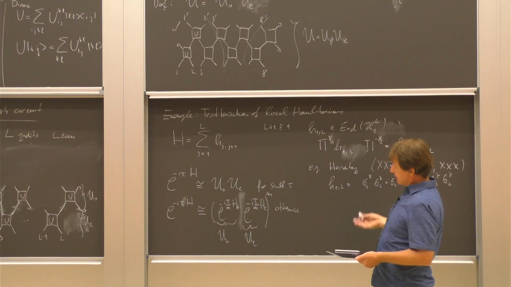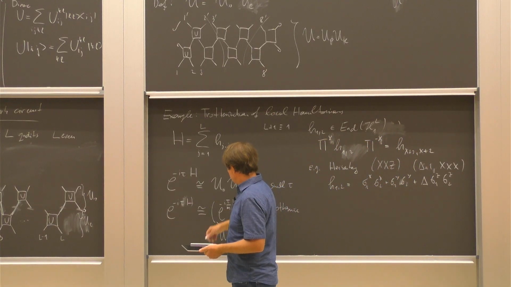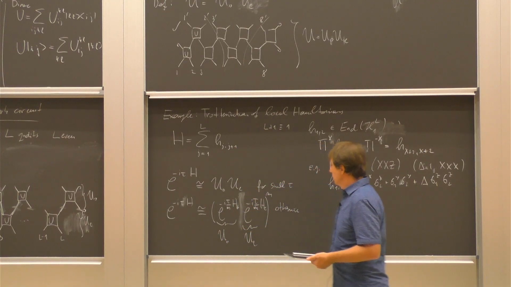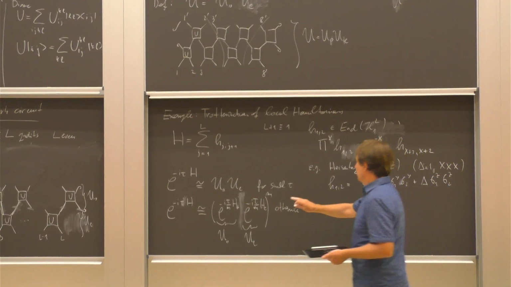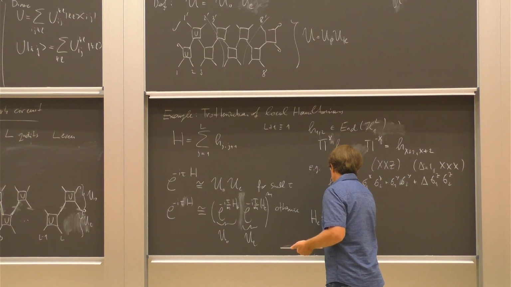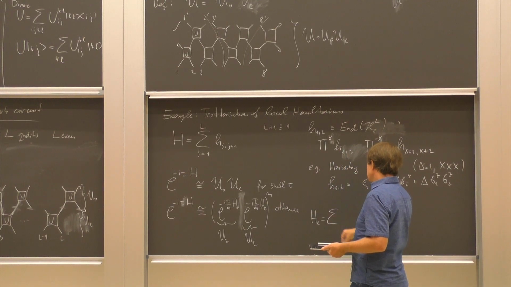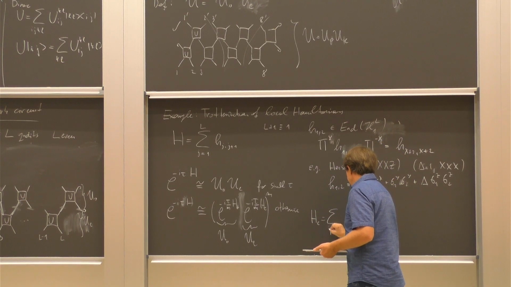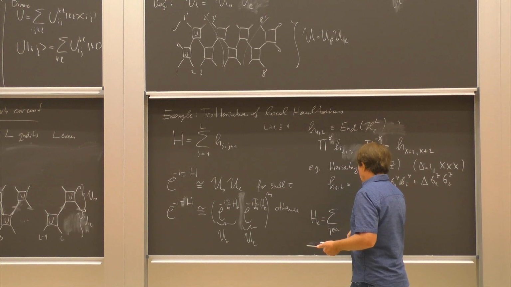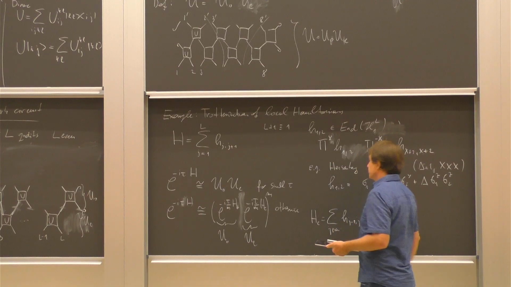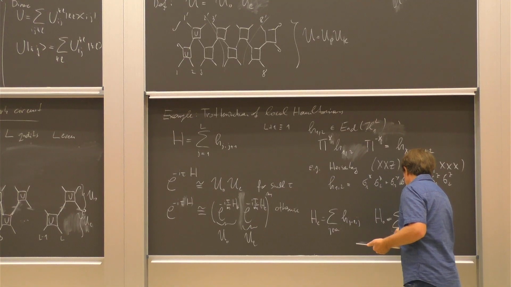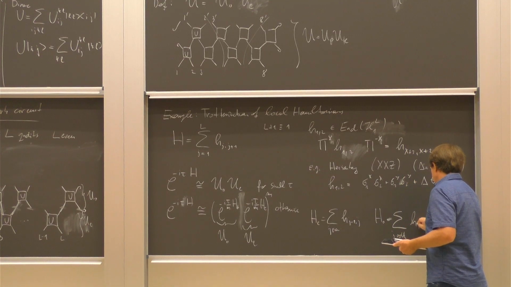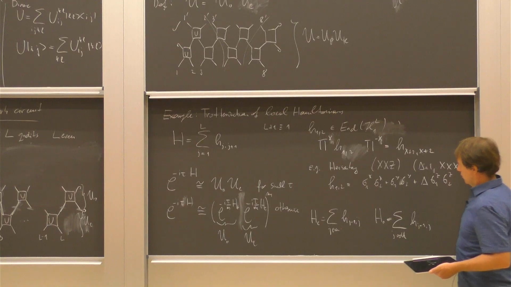So what I want to say is, of course, if time is not short, you can split the time into m pieces such that tau over m is short, then you apply the Trotter formula. And each of these little pieces now is a quantum gate, right? Because what is h odd, h even? It is just a sum over even sites, let's write it like this, h j minus 1, j, so that it fits my notation, and h odd is the sum over odd sites, h j minus 1, j.